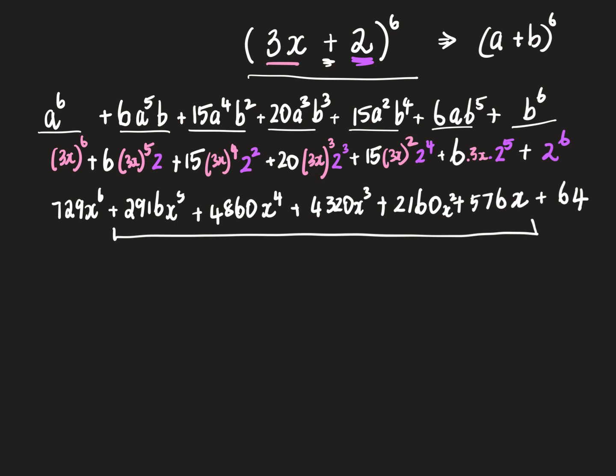Okay, let's think now what would happen if we changed just one thing. What about if instead of plus here, scrub that out, instead of plus there, we change that to minus? What would change? Well, the only thing that would change is a few of these signs. So this one here would be negative, and every second one would be negative. So I just have to scrub those ones out and replace those with negatives.